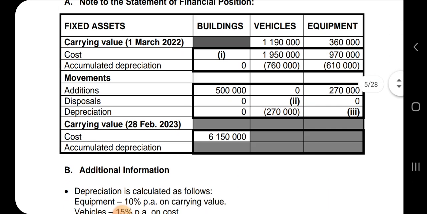Let's try to calculate the cost at the beginning for building.